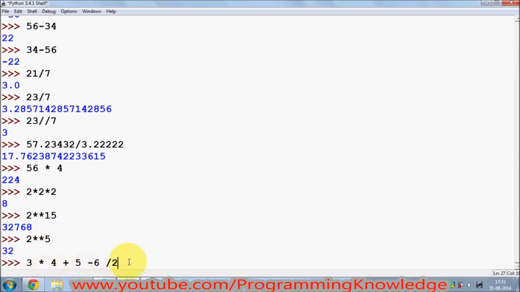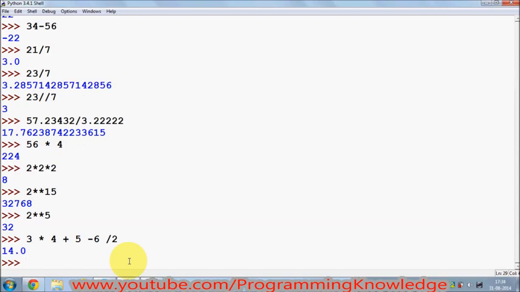Like simple mathematics, if you remember from when you were in school, or if you are still in school, you know this basic formula called PEMDAS. This is the order in which your operations will take place.